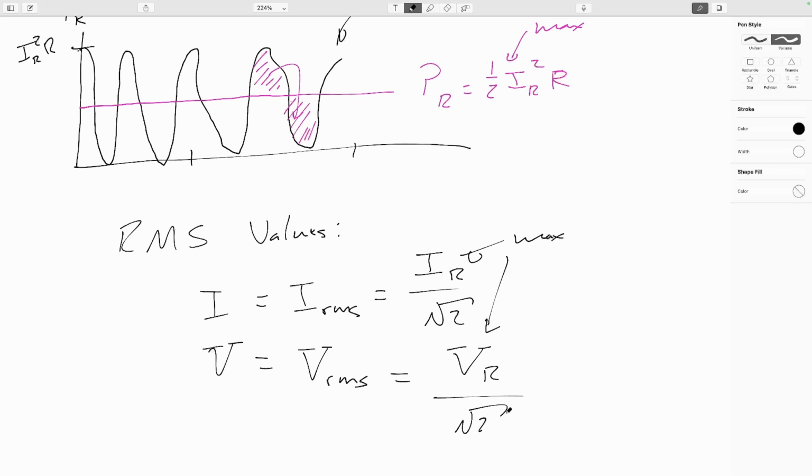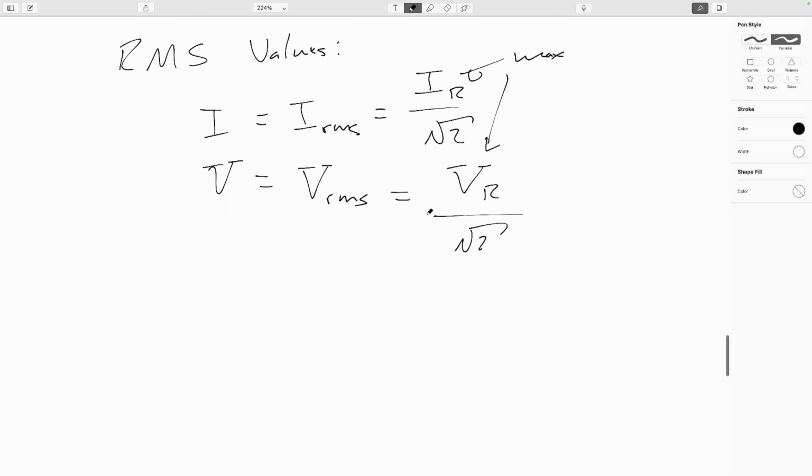So if I work in RMS values, if I do, say, I squared R here, if I square this, I'll square that square root of 2, which will give me that 1/2. So if I use RMS values, I can get back the typical expressions that you see in DC, although at some point we'll have to introduce a thing called the power factor for some more complicated circuits.